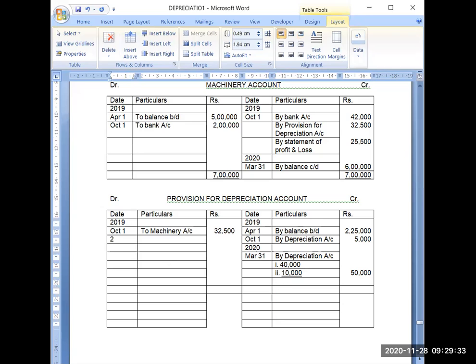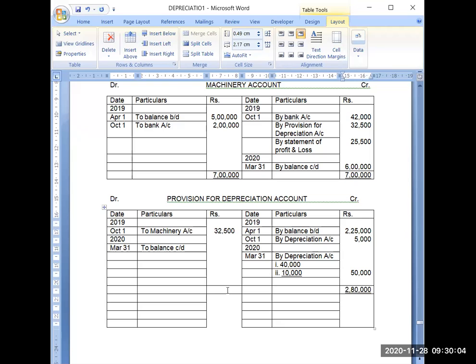Here we will write 2020 March 31 to balance carried down. Now what will be the total balance? The total this side first, 2,25,000 plus 5,30,000 and plus 50,000, 2,80,000.